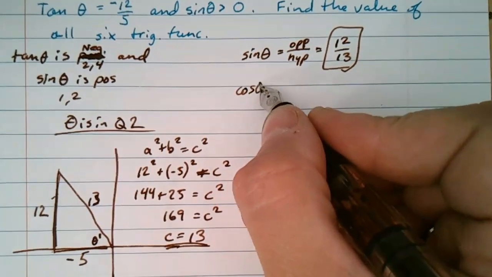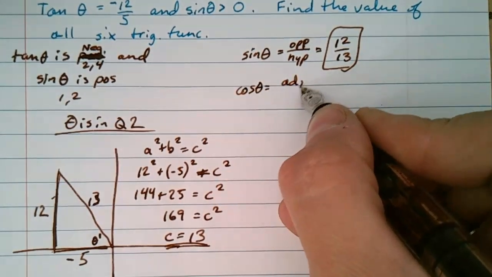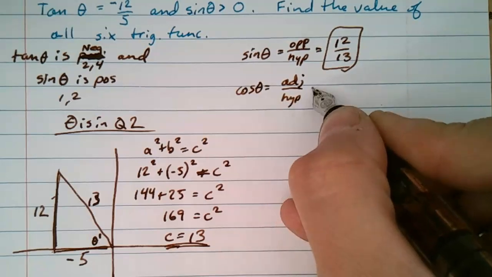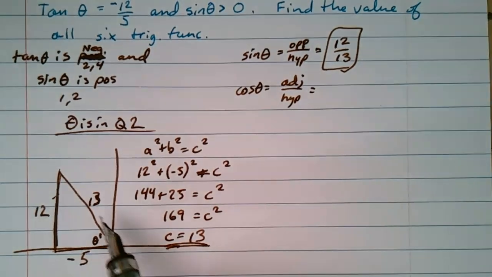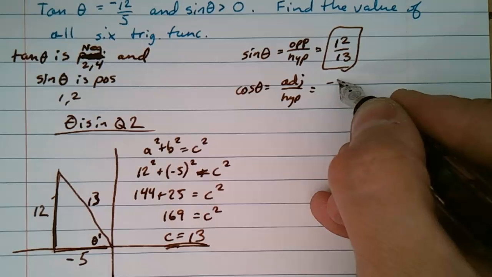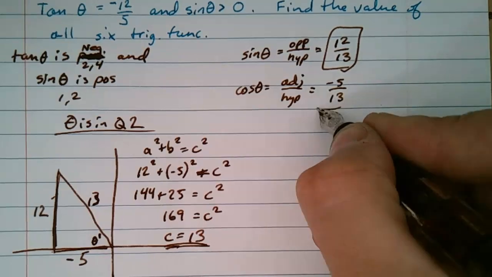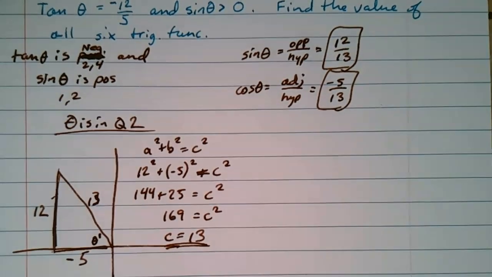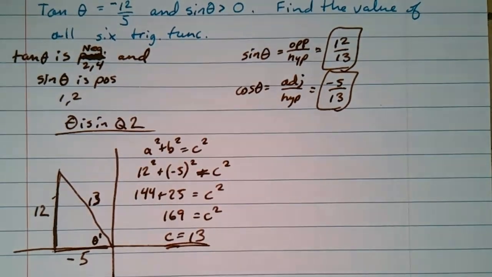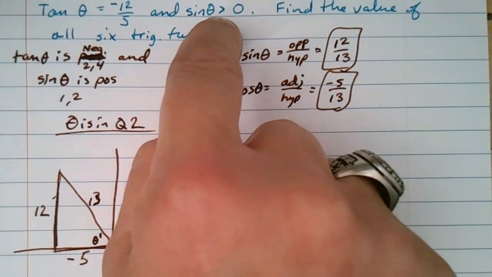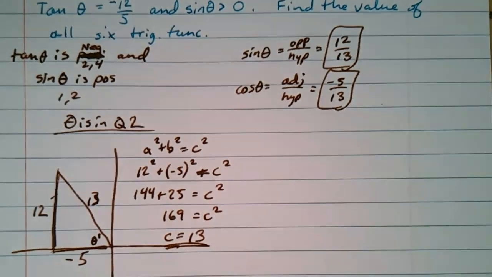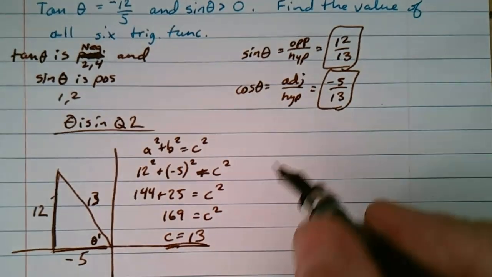Cosine of theta is adjacent over hypotenuse. Cool. Adjacent over hypotenuse, -5 over 13. And by the way, we think we're in quadrant 2, right? Sine is positive. Tangent and cosine should be negative. Okay, so, all right, cool.